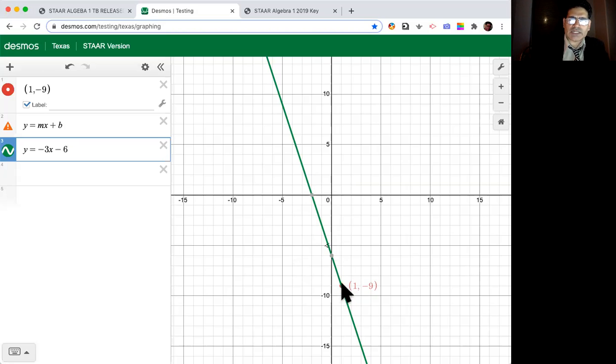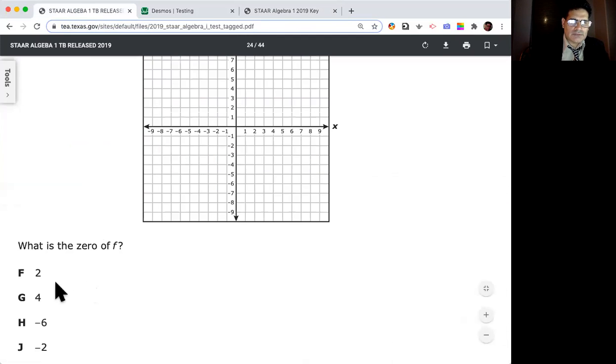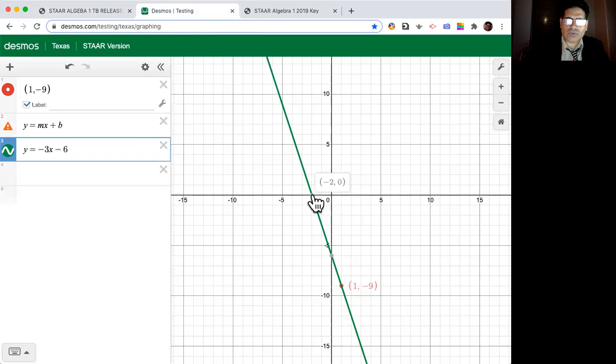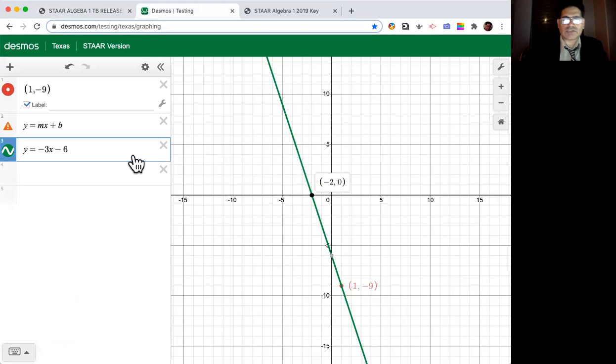This is (1, -9), and the question is asking, what is the zero of f? When we talk about zeros, it has to touch the x-axis. So it's touching the x-axis at -2. It touches the zero at -2. This is going to be tricky.